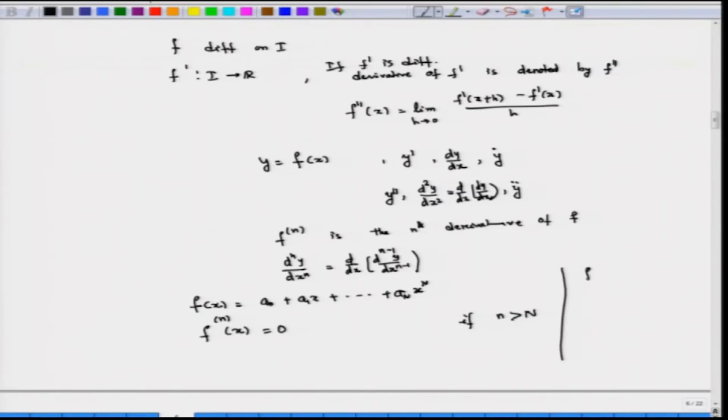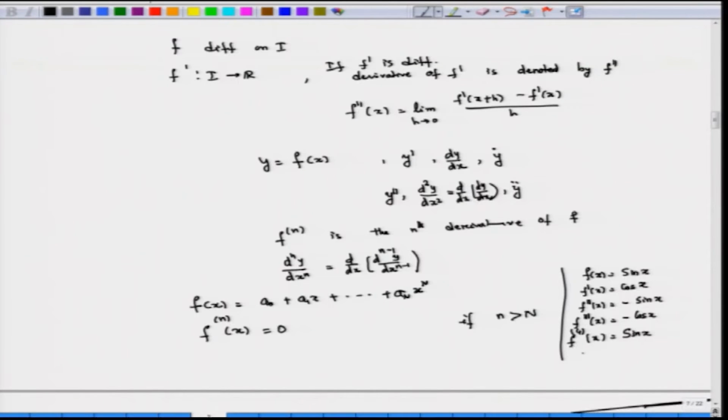Similarly, suppose f of x is equal to sin x. Then f prime of x is equal to cos x, f double prime of x is equal to minus sin x, and f triple prime of x is equal to minus cos x. The fourth derivative is going to be equal to sin x, the fifth would be cos x, and so on and so forth.